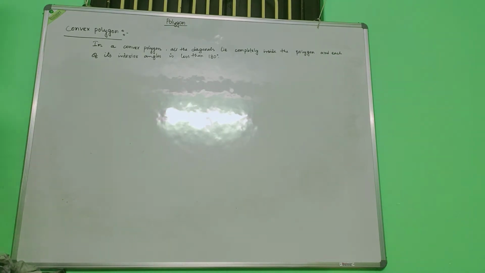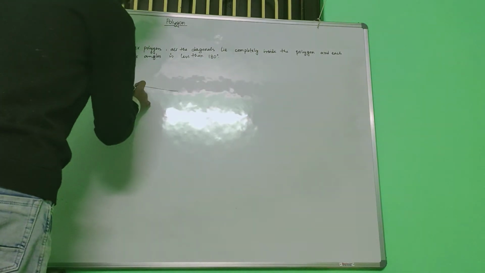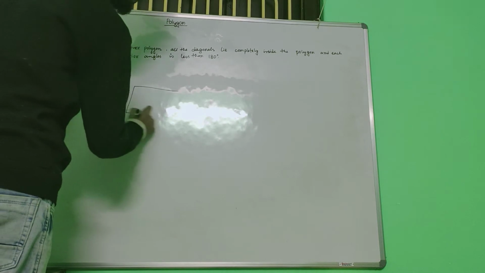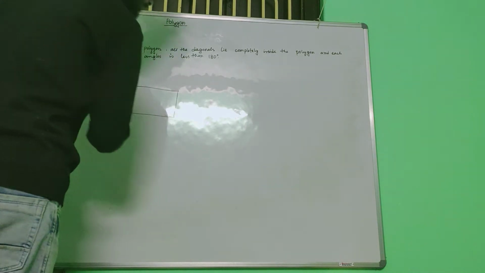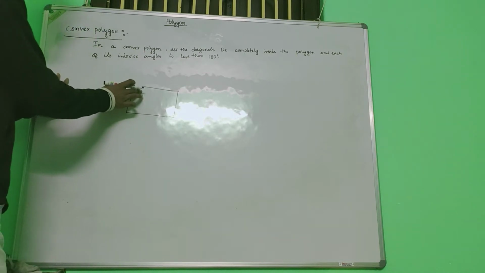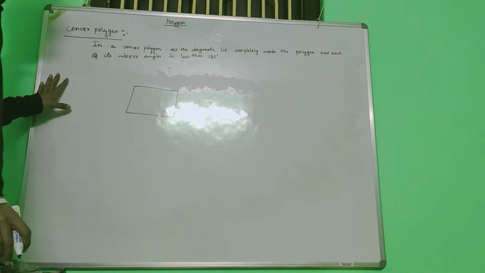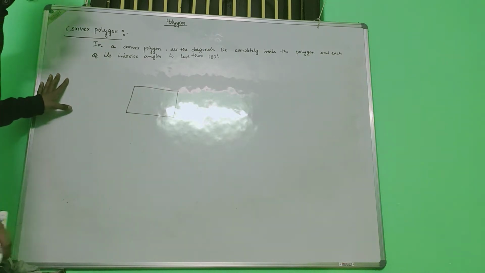Now we have convex polygon. In a convex polygon, all the diagonals lie completely inside the polygon and each of its interior angles is less than 180 degrees. If we see a quadrilateral, then we can see over here all the interior angles, that means these 4 angles, are less than 180.